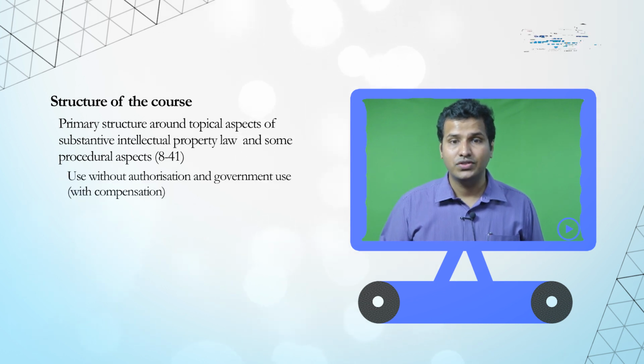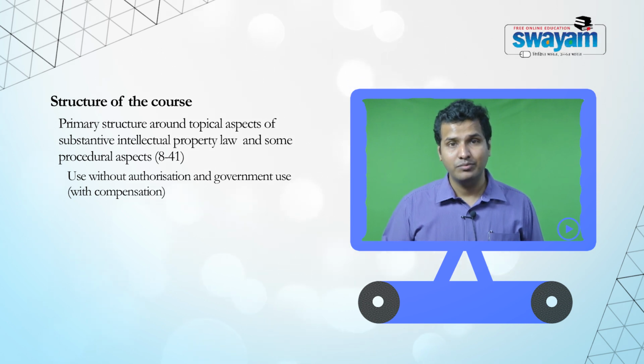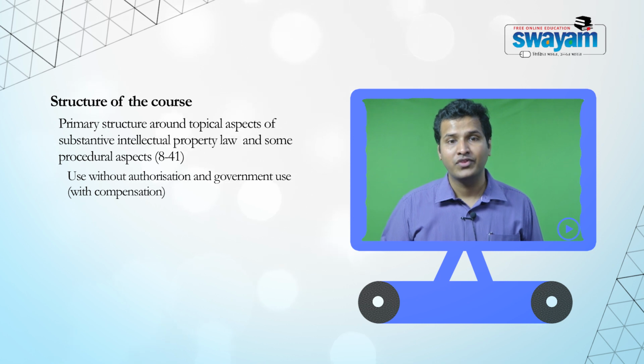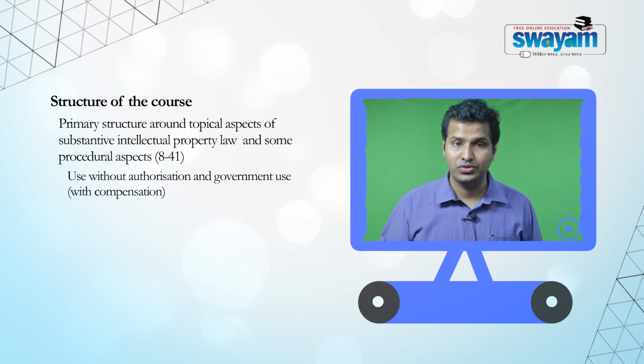Use without authorization and government use can also be regarded as an exemption. However, these type of exemption can involve specific payment of remuneration, and there may be additional conditions attached in the way such authorization is granted and such authorization is used.